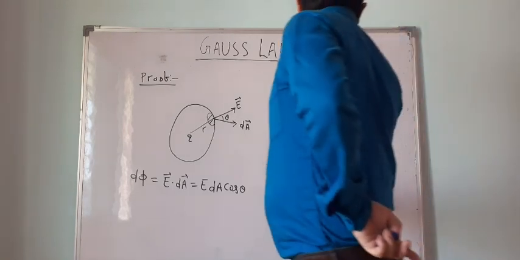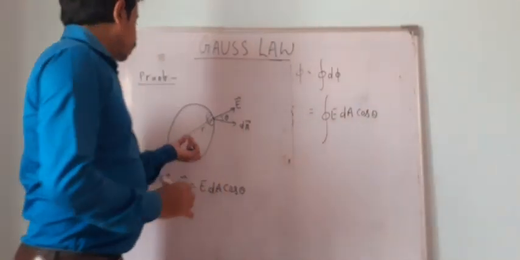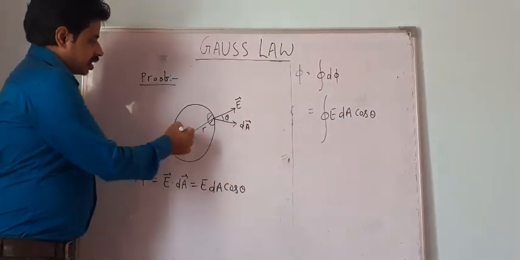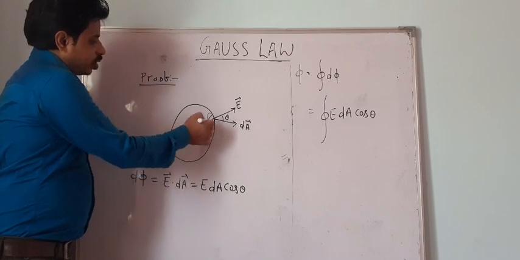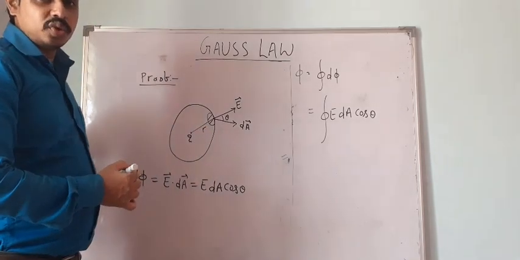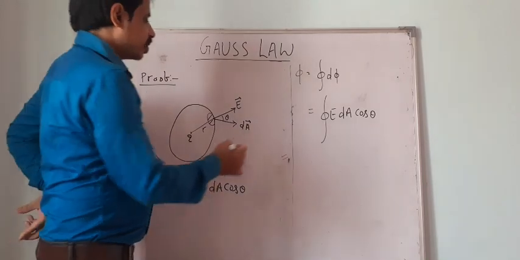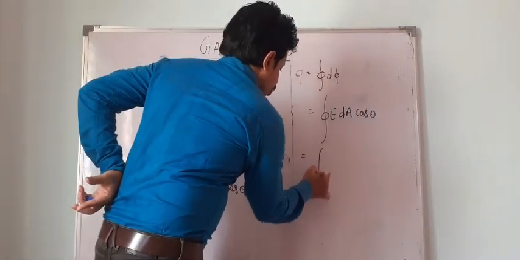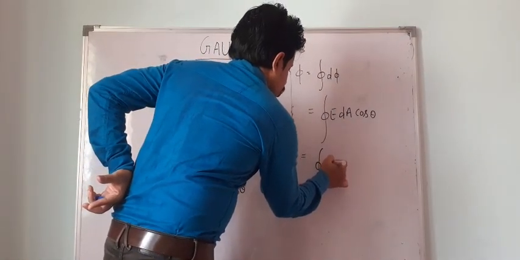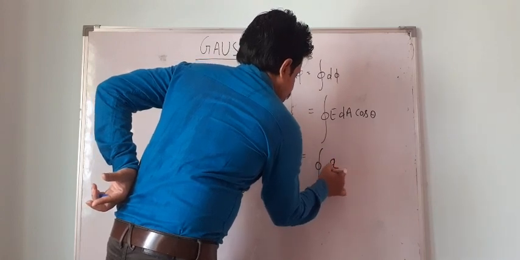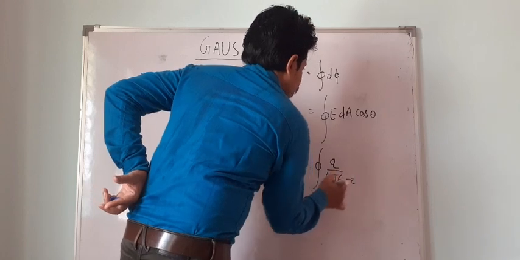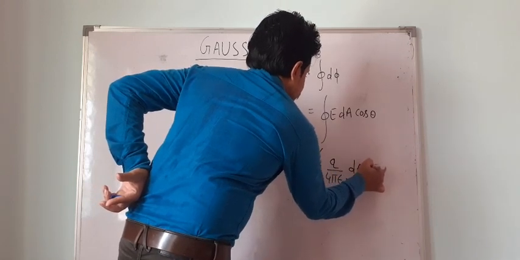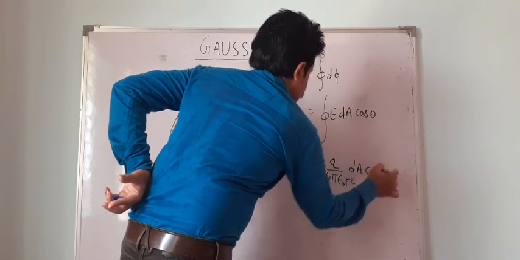Right? Now from the Coulomb's law we can write E. The electric field intensity from a point charge q at a distance r, we can write q by 4 pi epsilon naught r square. Therefore q by 4 pi epsilon naught r square dA cos theta.